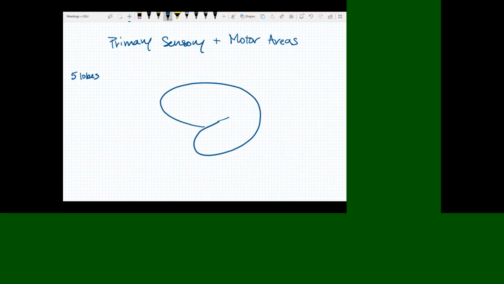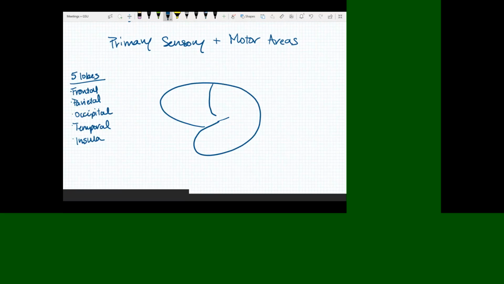You will have the frontal lobe, the parietal, the occipital, which are the same as the bones, the temporal, and then there will be the insula, which is deeper. So your frontal lobe: if we have our central sulcus right here, this front half is going to be the frontal lobe.